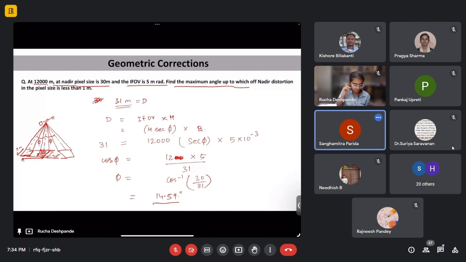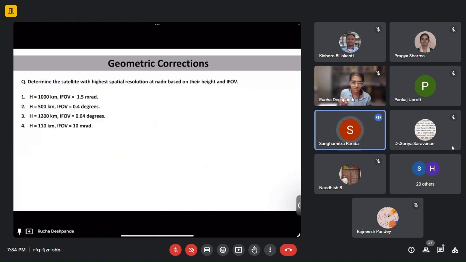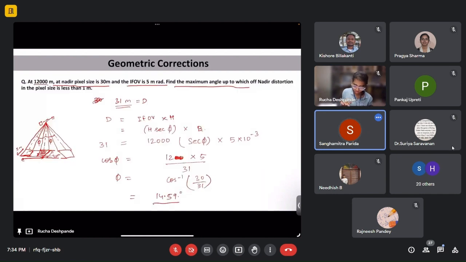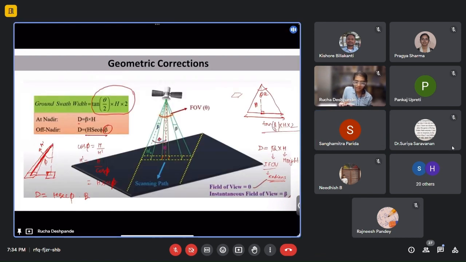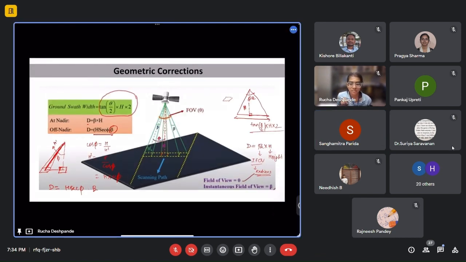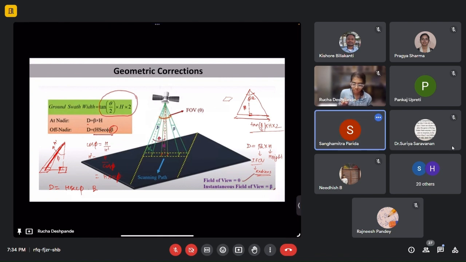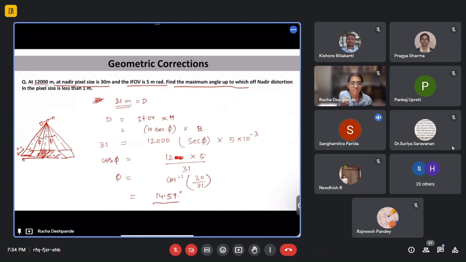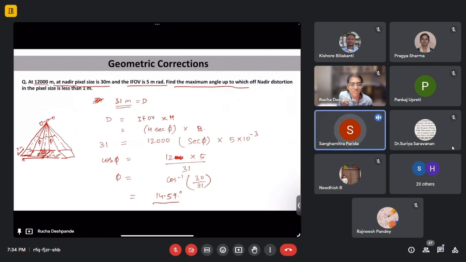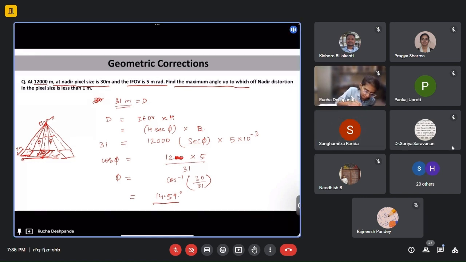That last point in the question, it is given that off nadir, will you please go to previous slide? No, next to next. The problem you just solved. Next slide. Yes. Off nadir distortion in the pixel size is less than 1 meter. Actually, from that you are getting d equal to 31 meter. So this is the maximum angle up to which we can go.